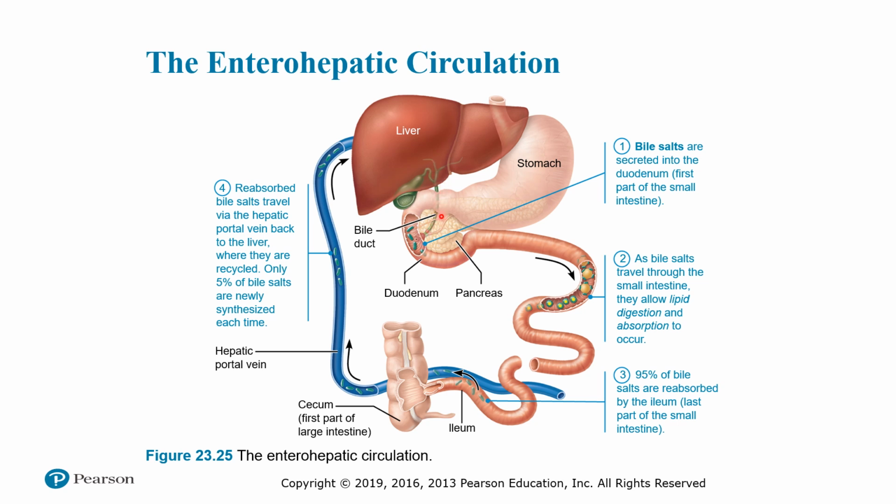That bile duct secretes the bile in the duodenum, and when the food comes, the bile salts emulsify the fat and make the absorption of fat possible. And then these bile salts are reabsorbed into the hepatic portal vein, and they are taken back to the liver and again incorporated into the bile. So this is how bile salts are salvaged.